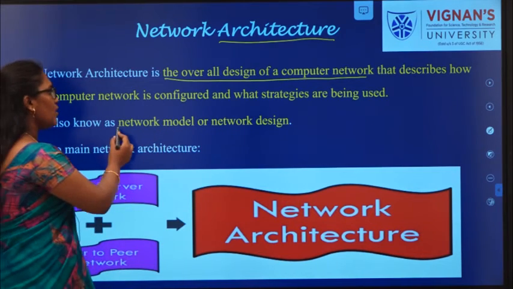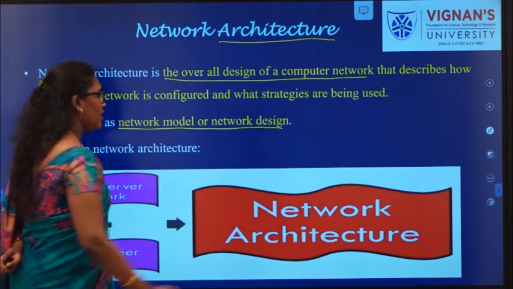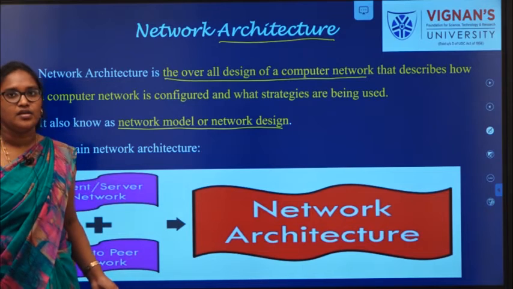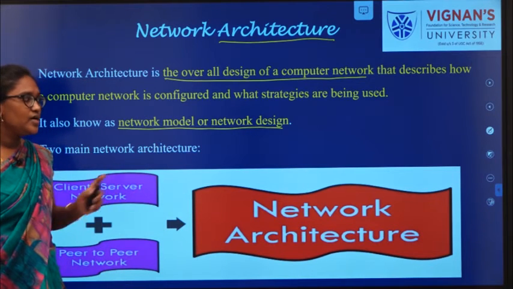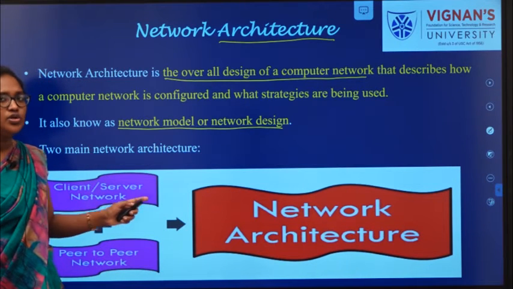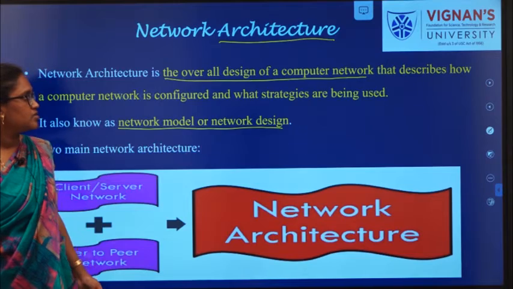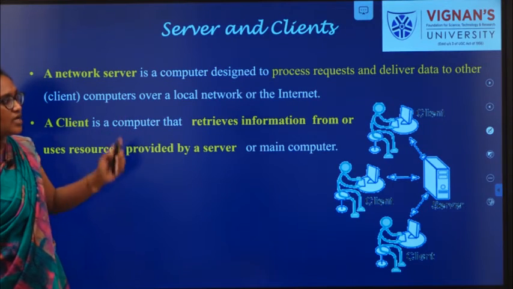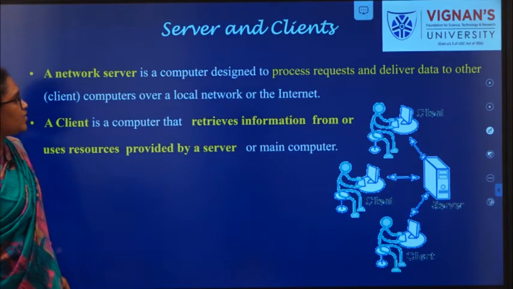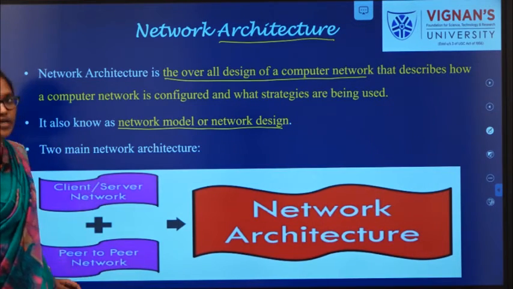It is also known as network model or network design. In network architecture you have two types of networks: first one is client server and second one is peer to peer network.